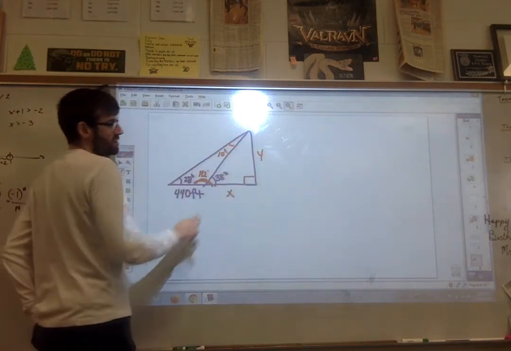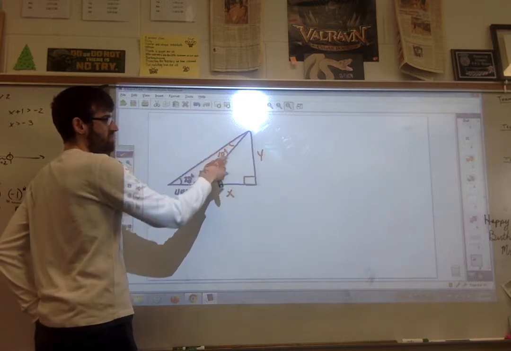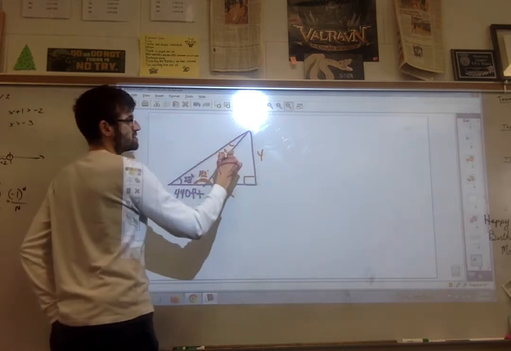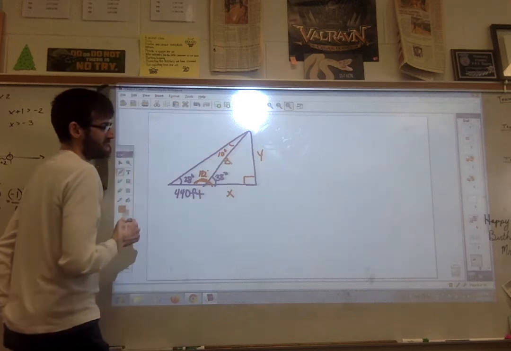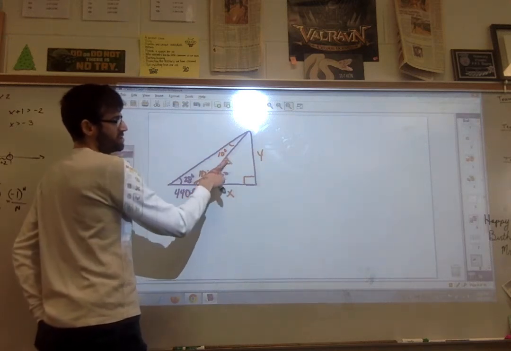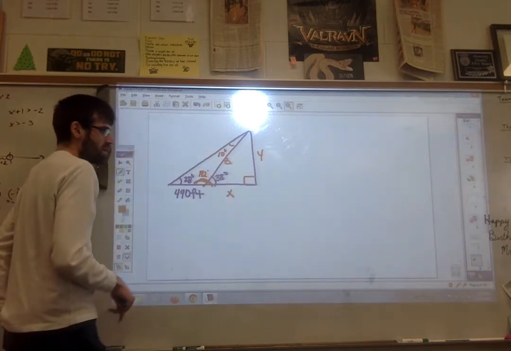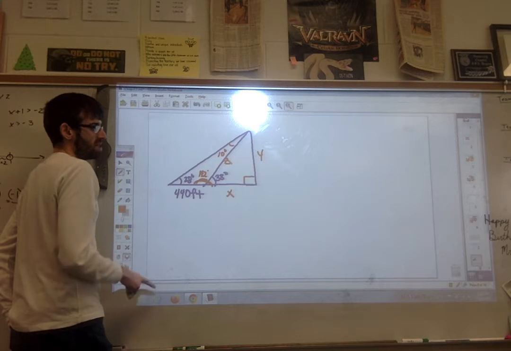So what I'm going to do is set up a law of sines in this triangle, and I'm going to solve for this line z. Why I'm going to solve for that line z is because I want to be able to use that z to find x. So the first thing I'm going to do is set up a law of sines.